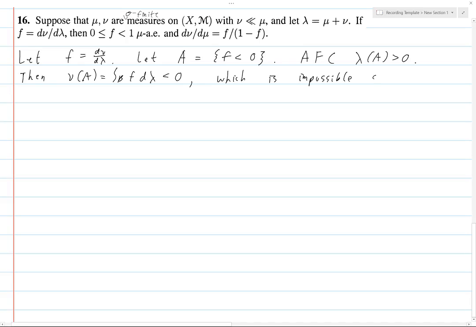But this is impossible since nu is a positive measure. I'll write positive here just because it's sometimes not clear in these problems whether our measures are positive or signed or whatever. Thus, lambda A equals 0.